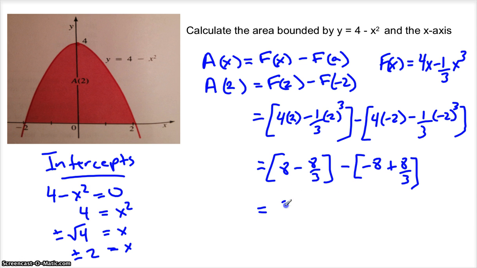So let's work this out. We have minus -8, so that's plus 8, minus 8/3. 8 and 8 is 16. Negative 8 thirds minus 8 thirds is negative 16 thirds.